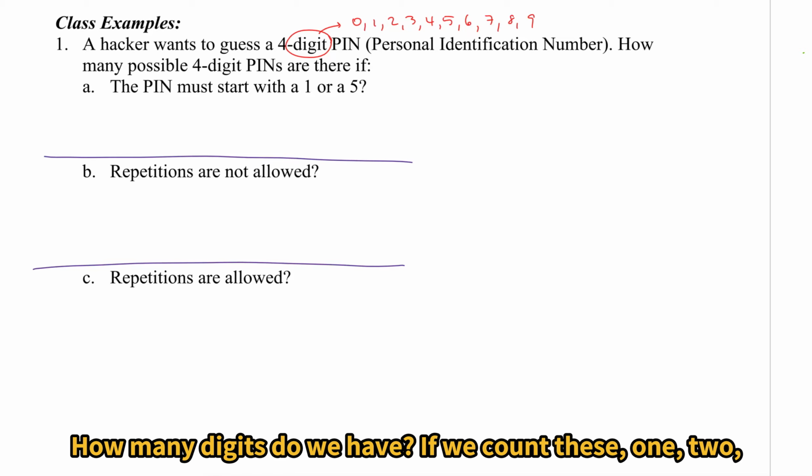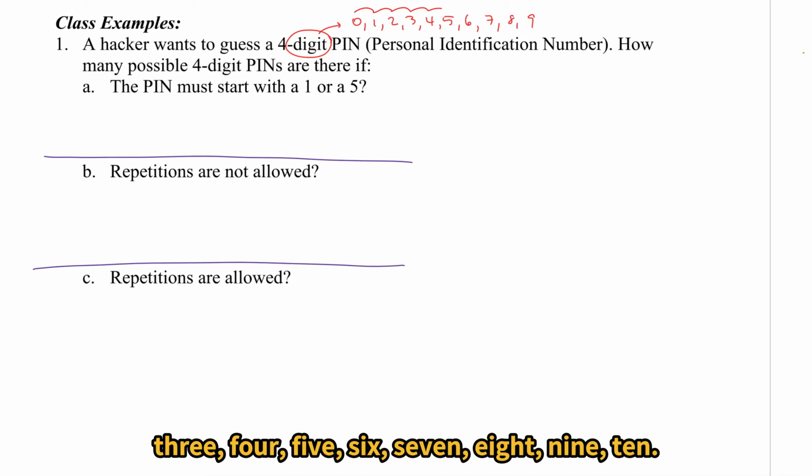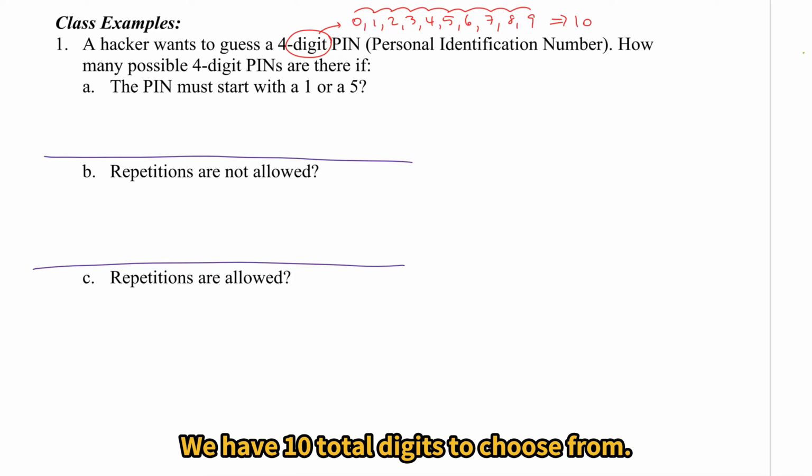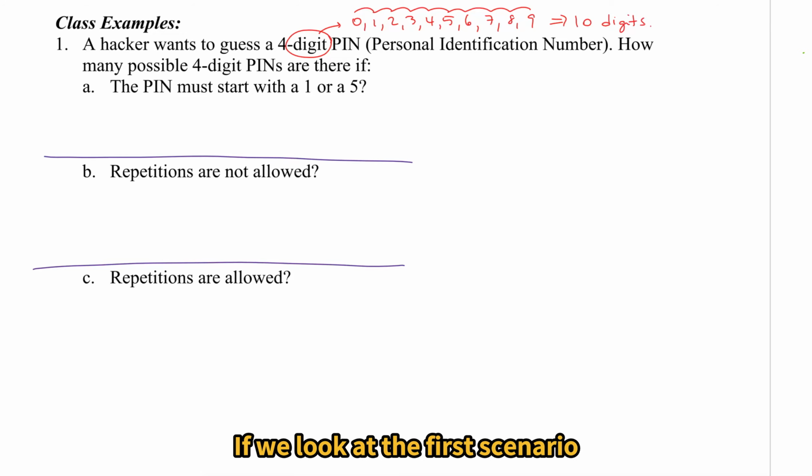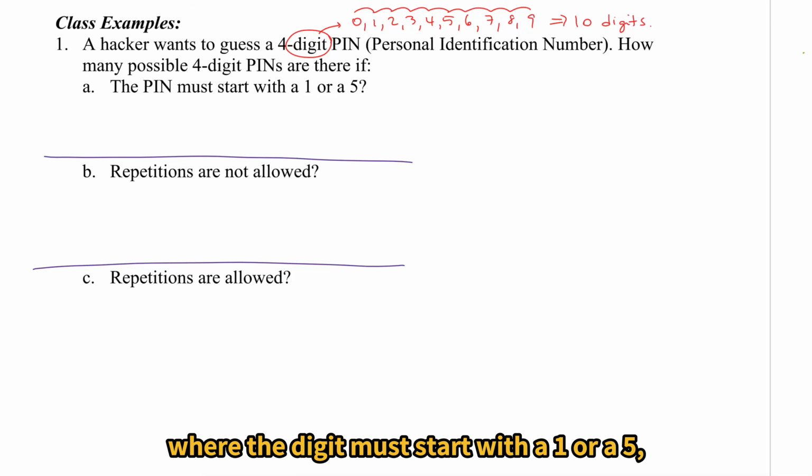How many digits do we have? If we count these, 1, 2, 3, 4, 5, 6, 7, 8, 9, 10, we have 10 total digits to choose from.